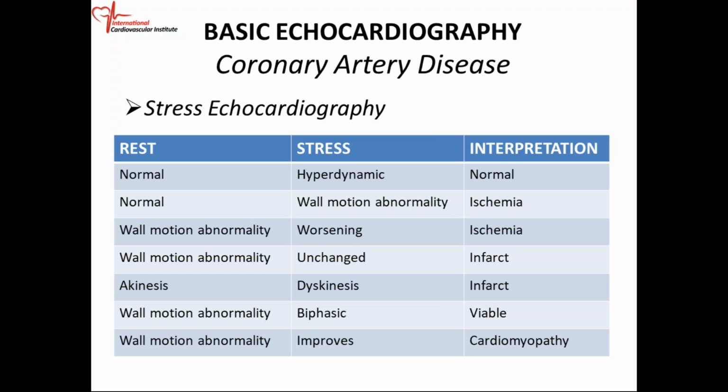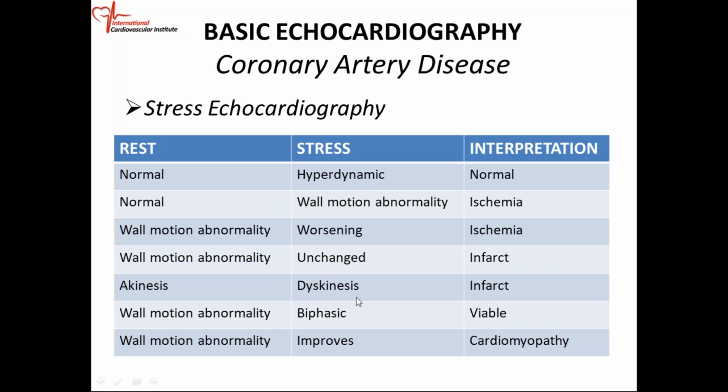It thickens normally. But as you increase the dose of your dobutamine and the demand increases, then it goes back to being hypokinetic or akinetic and then recovers. So that's what we call a biphasic response.